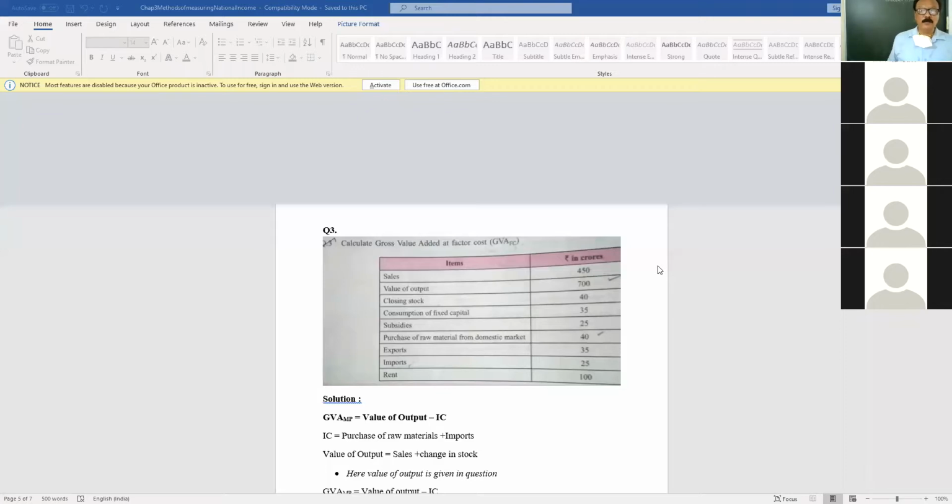Have you copied it down? Let's first find the gross value added at market price, which equals value of output minus intermediate consumption. Value of output is given directly in your question as 700, so we have no problem. What about intermediate consumption?